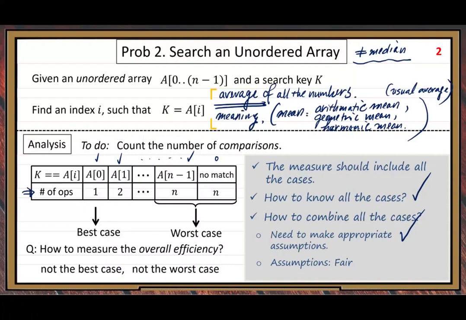And how to calculate the appropriate average to provide the overall efficiency is our next topic.